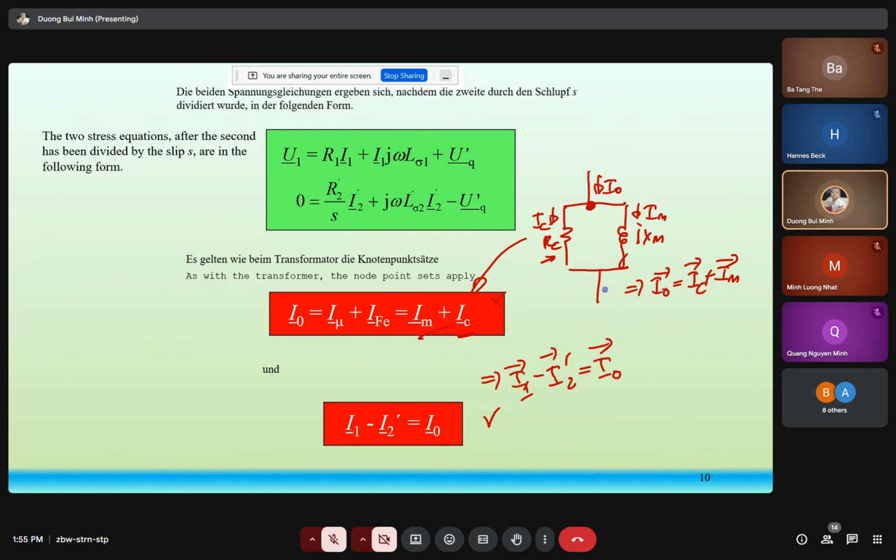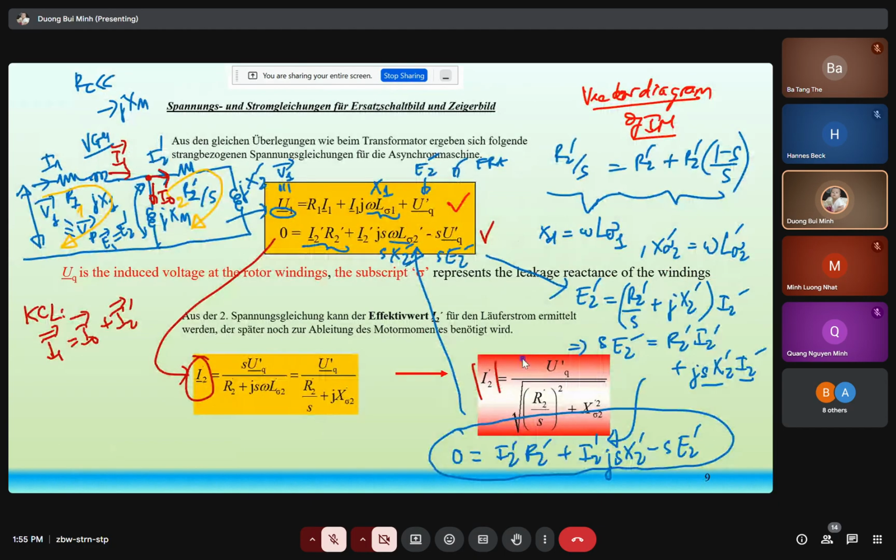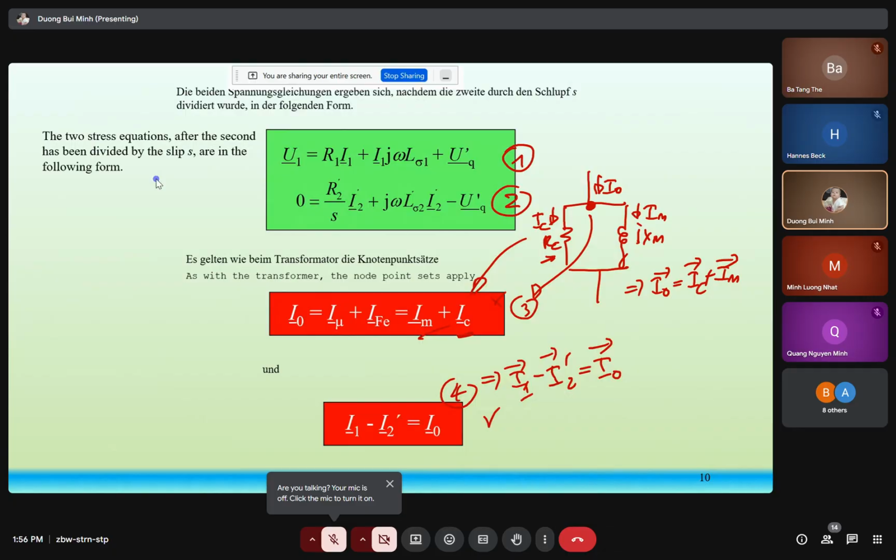So totally we have four equations: the voltage equation at the stator, the voltage equation at the rotor, this equation for this node, and the last equation for this node. So two voltage equations and two current equations.